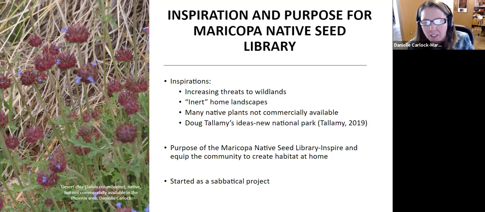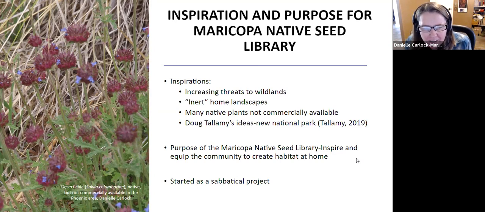This is incredibly devastating. The other piece that I don't think I've talked about yet is that at the same time that I'm seeing our wildlands under threat, I'm seeing that most of the home landscapes around me are what I call inert. They have maybe a smattering of plants.